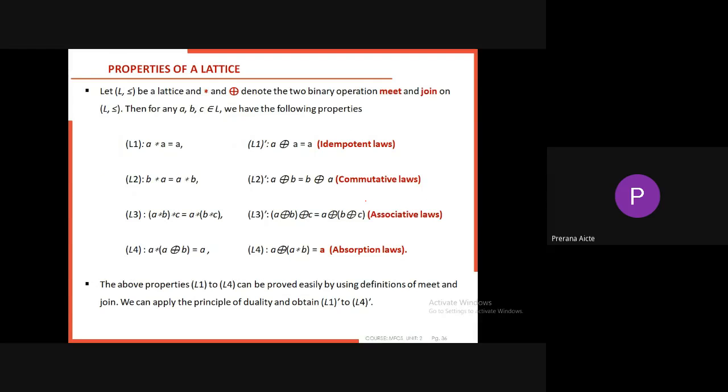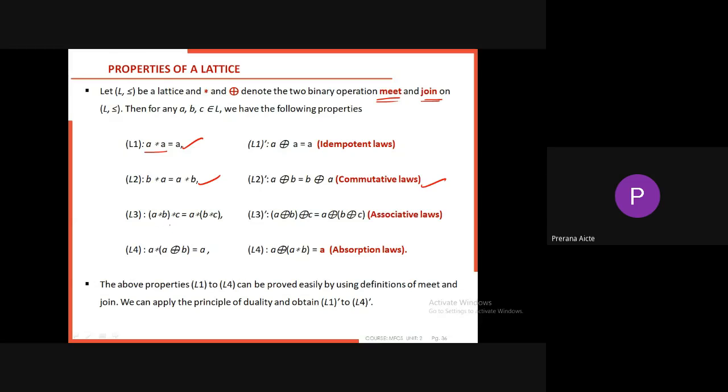And this is regarding the properties of the lattice. Here we have four important properties with respect to the two operations, the meet and join operations, which we considered previously. First, the idempotent law: defined on a single value, we get the same value again, so a meet a gives a. Next, a meet b equals b meet a, which is the commutative law.